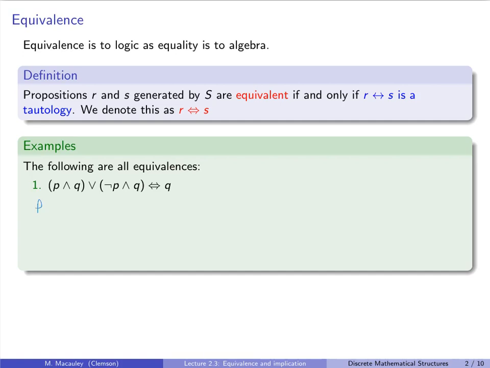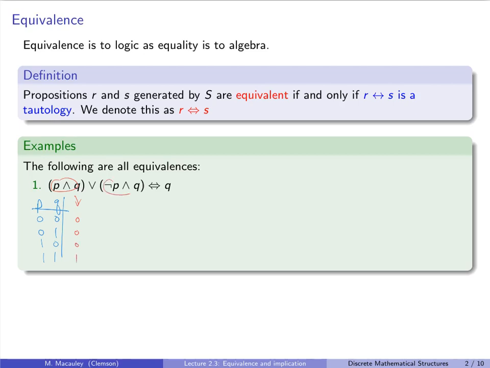So here's P and Q. Here's the truth table. So we have 0, 0, 0, 1, 1, 0, 1, 1. And now I'm going to use red for the other entries. So P and Q, I'll just put that down here. That's going to be 0, 0, 0, 1.